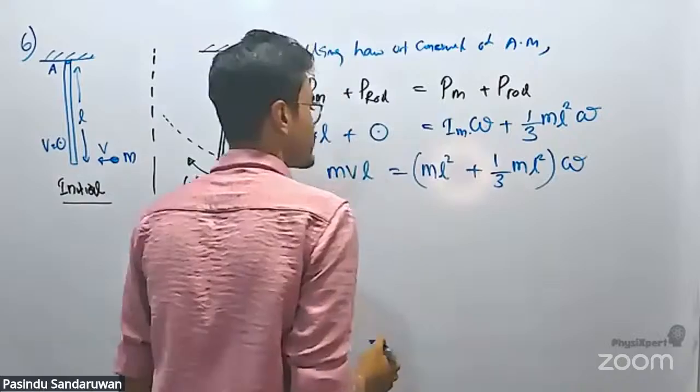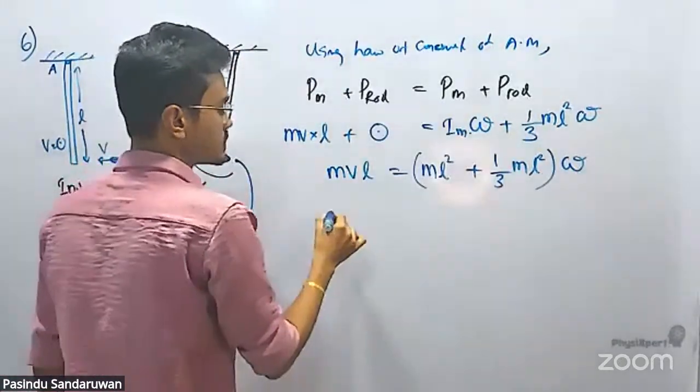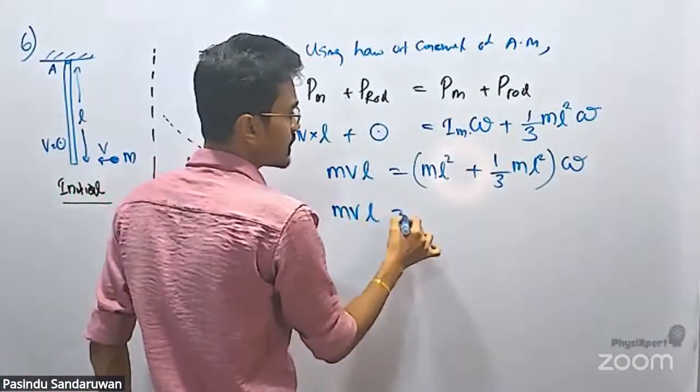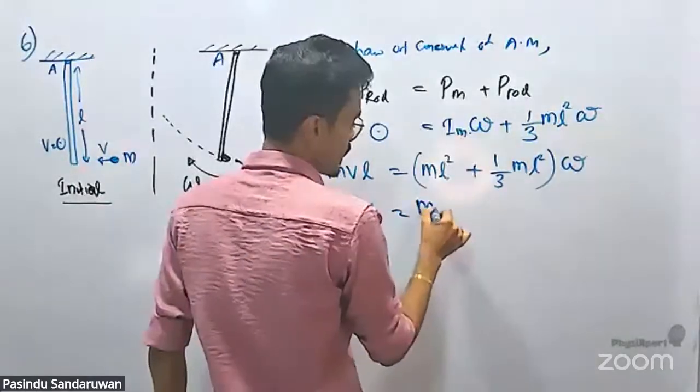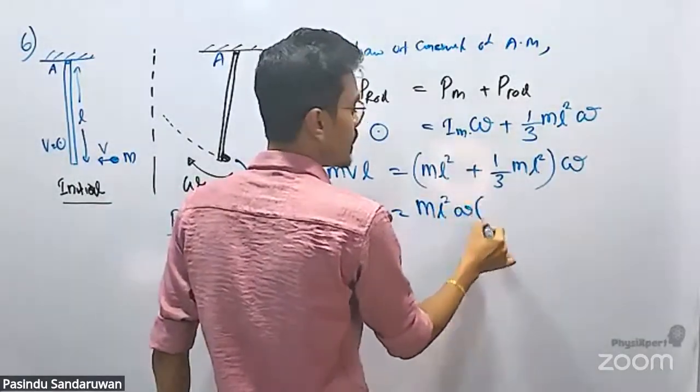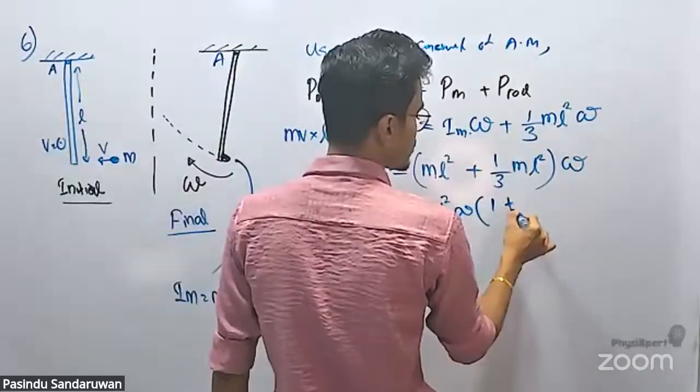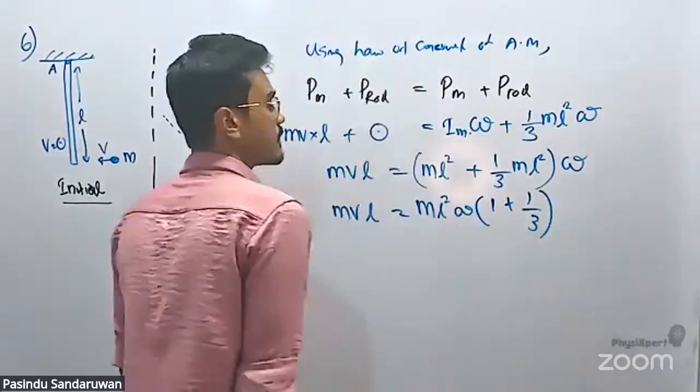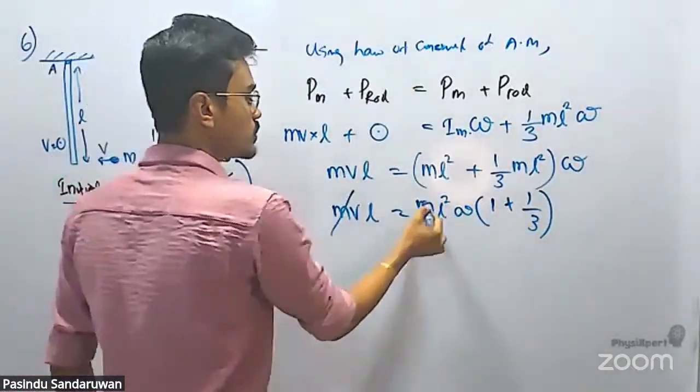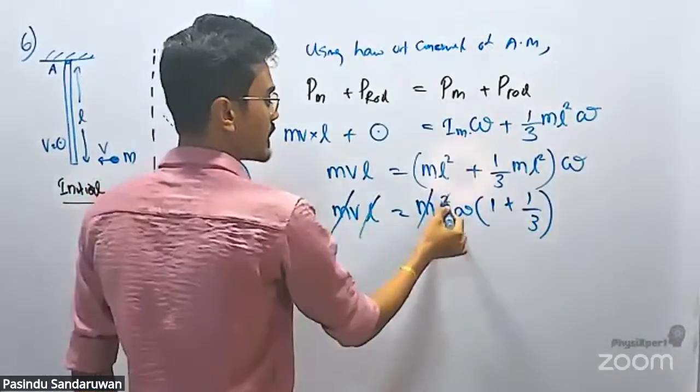Now ml squared is also common. Take everything out. mvL equals ml squared omega, which is common, times 1 plus 1/3 remains. m cancels, L cancels.